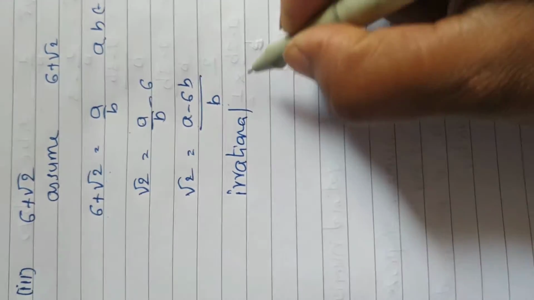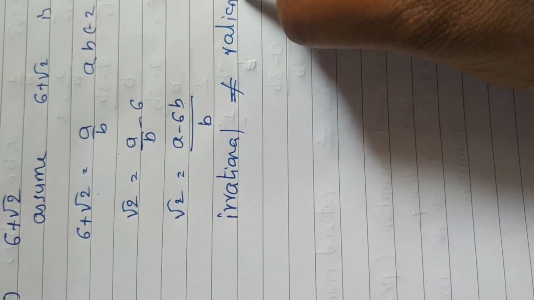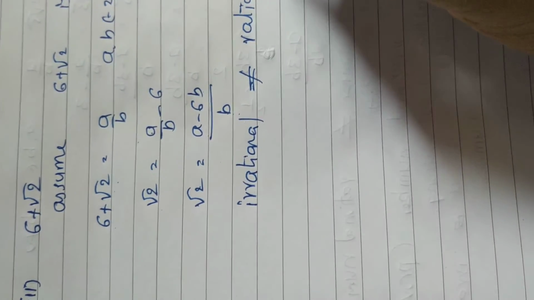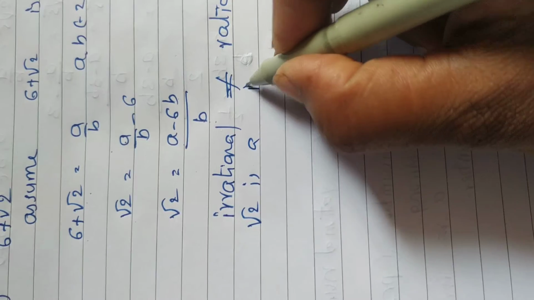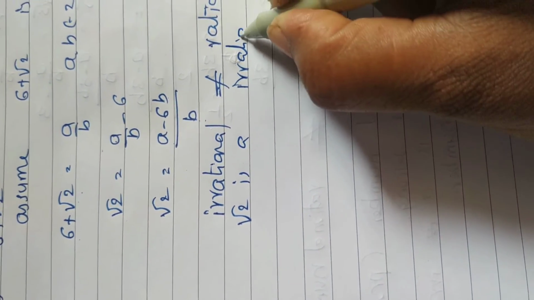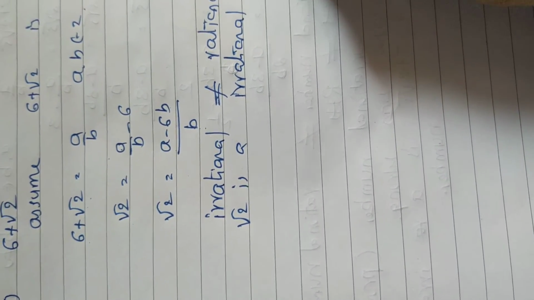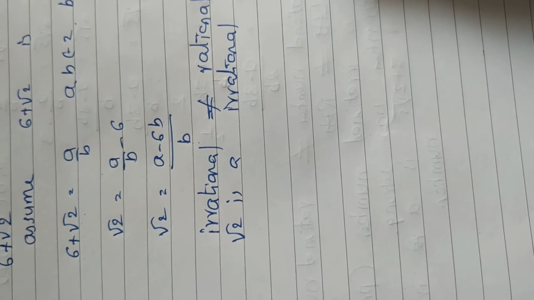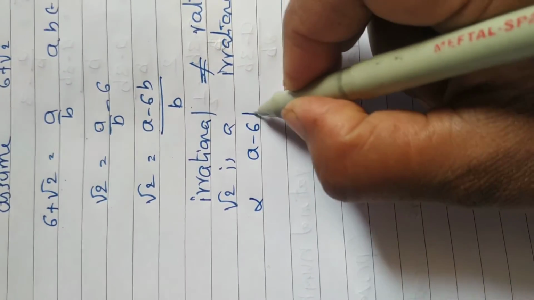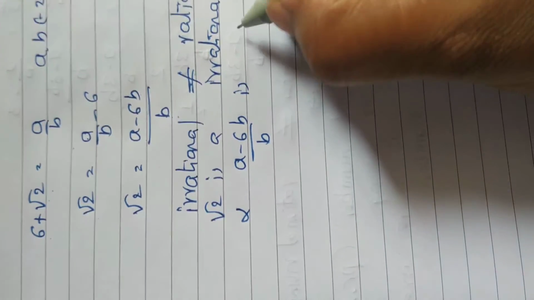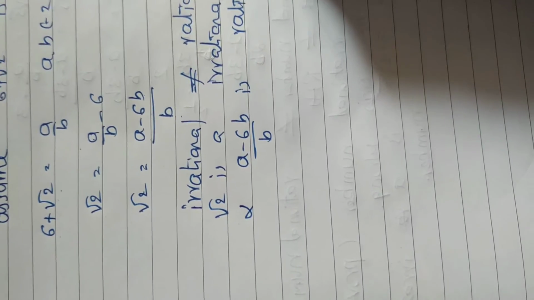The same statement: an irrational number is never equal to a rational number. Because root 2 is an irrational number, as already proved, and the RHS, a minus 6b divided by b, is a rational number.